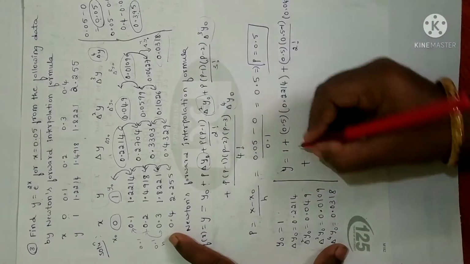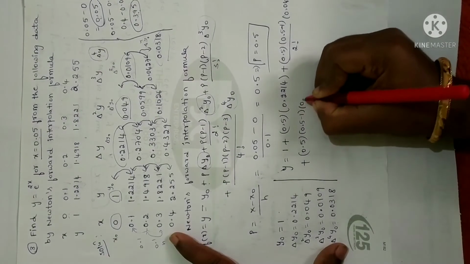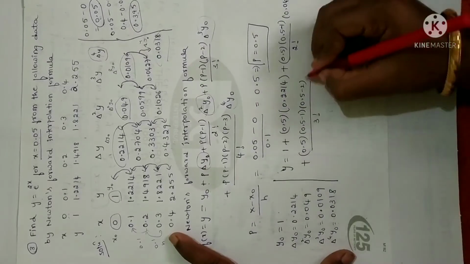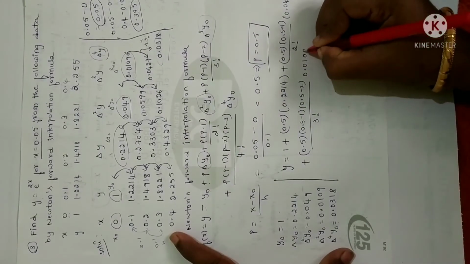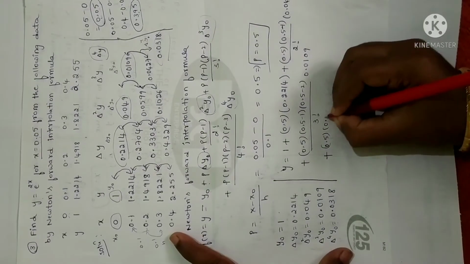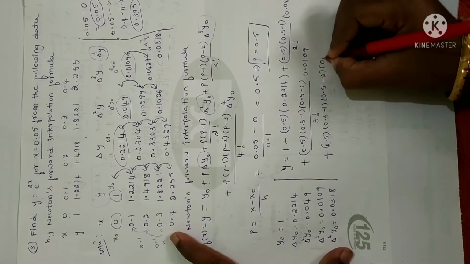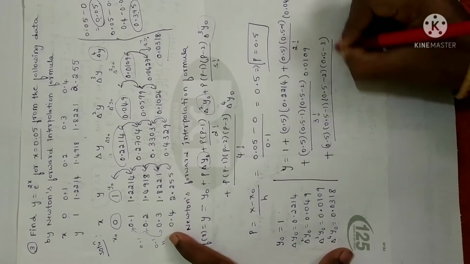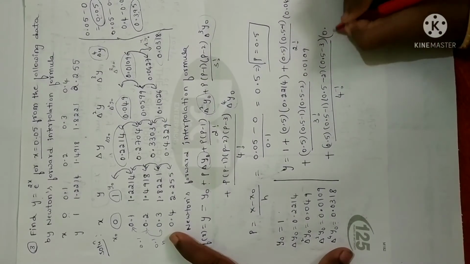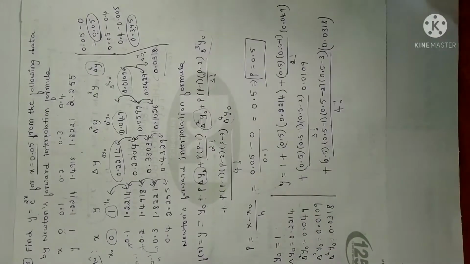Now substitute here: 0.5 into 0.5 minus 1, 0.5 minus 2 divided by 3 factorial, delta cube y naught is 0.0109, plus the next term: 0.5 into 0.5 minus 1, 0.5 minus 2, 0.5 minus 3 divided by 4 factorial into delta power 4, which is 0.0318. I have just substituted the values that I listed.